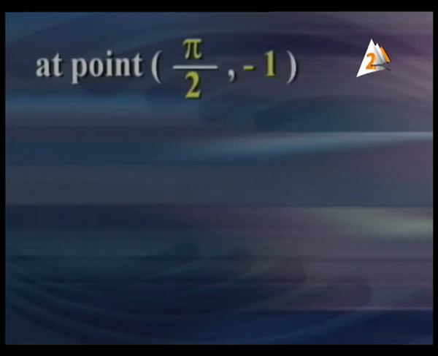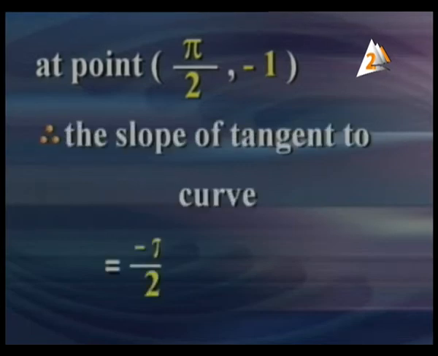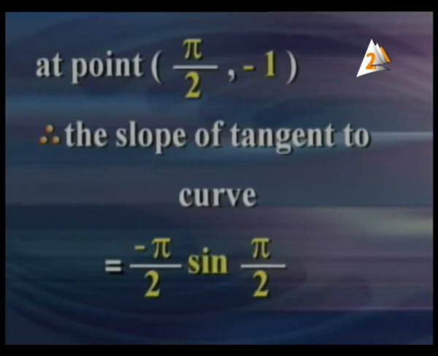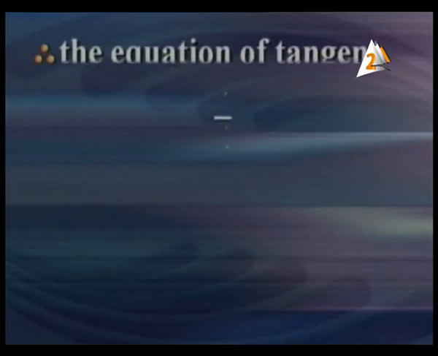At the point pi over 2, negative 1, by substitution of x equals pi over 2, the slope of the tangent to the curve is negative pi over 2 times sine pi over 2, which equals negative pi over 2. Why? Because sine pi over 2 equals sine 90, and sine 90 equals 1. Then the slope of the tangent equals negative pi over 2.